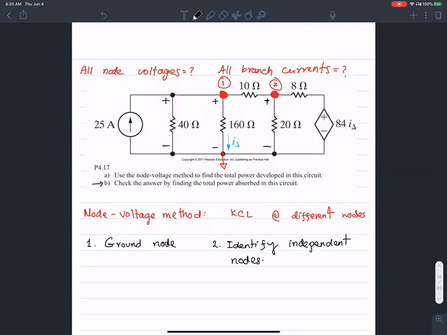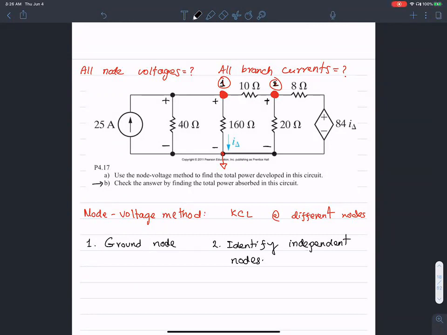Okay, in this case, I have done that. I identified 6 nodes to begin with, and then I simplified based on the assumption that this is a perfect short. So I'm left with 2 independent nodes.